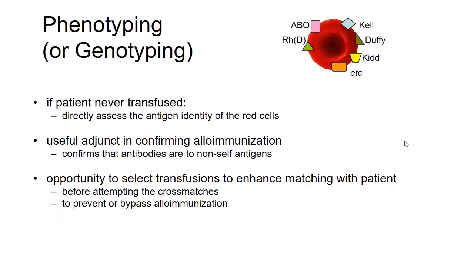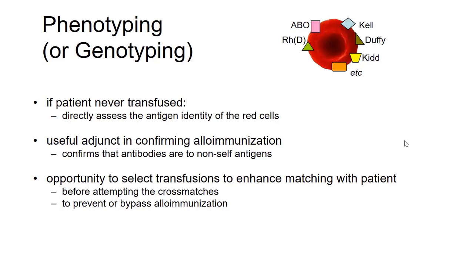If the patient has never been transfused, this is the prime opportunity to establish that proof or to have your patient's profile make sense in the context of the antibody that they've made. So this is an adjunct in confirming alloimmunization.